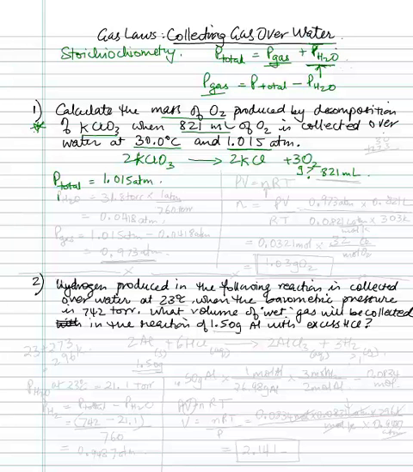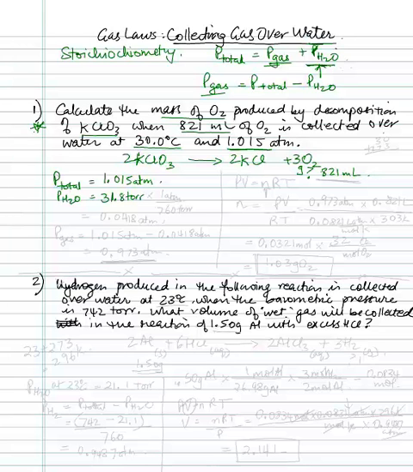So you find then the partial pressure of water at 30 degrees centigrade, and you can use the tables for that, or I can, of course, I will give you that. This is usually given to us in torr, so we have to, of course, convert the torr into atmosphere.